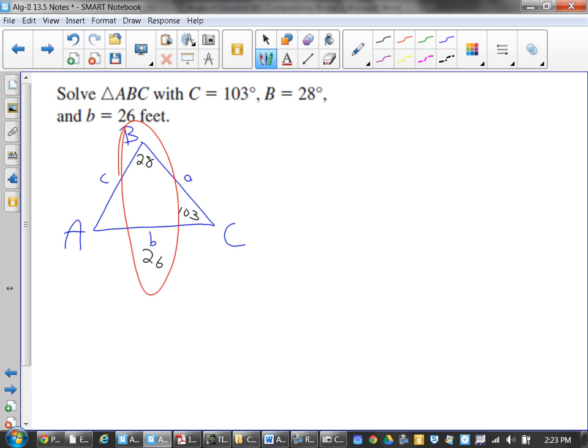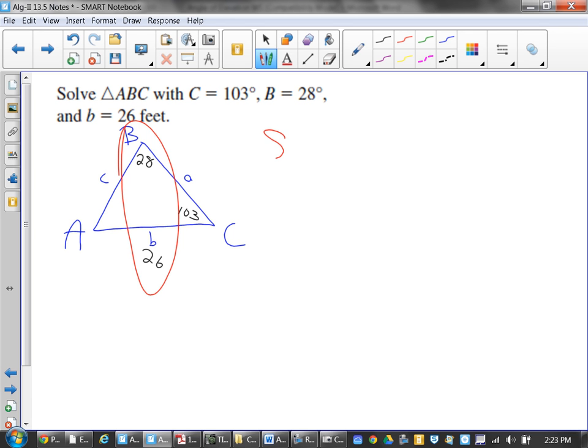I've been stressing this with a lot of the trig stuff when you're solving right triangles. You want to try to reuse your givens as much as possible, just in case you screw up, you don't screw up again. So it's very easy to do that. So we just write it out.